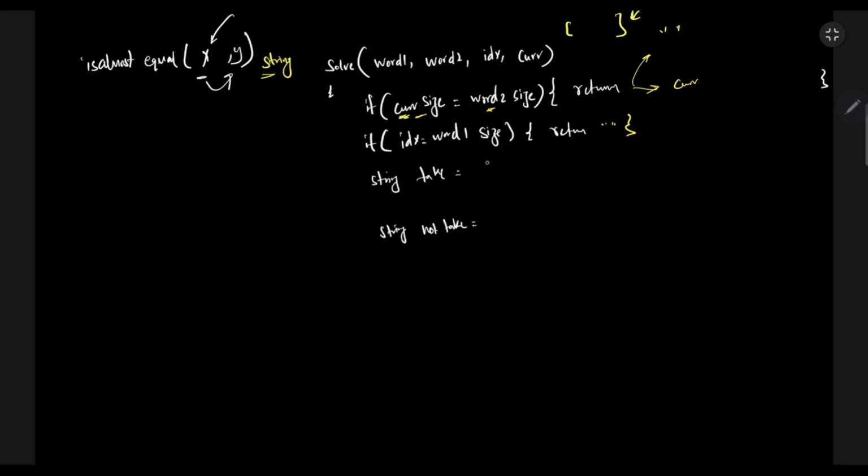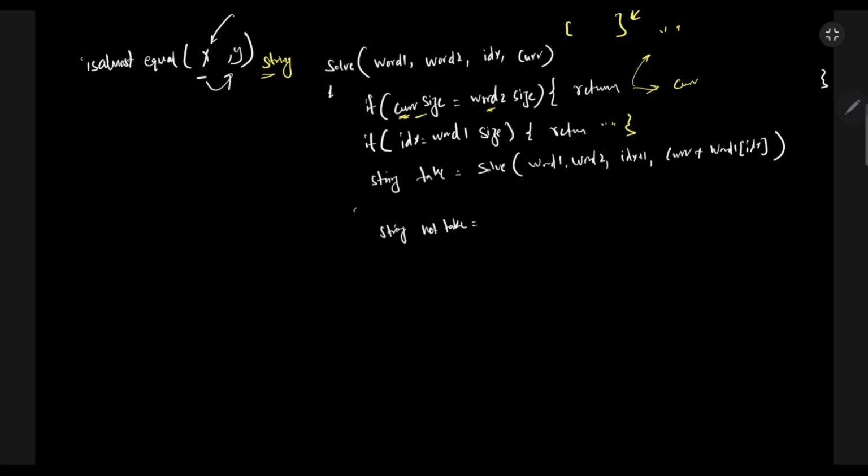Let's say we have taken that one, then our solve function will be solve of word1, word2, and index plus 1, and the current will be, since we are taking that one, current plus word1 of index. All right.